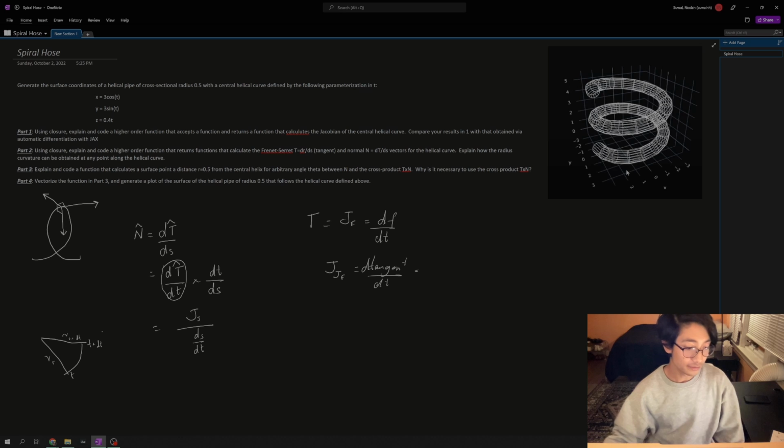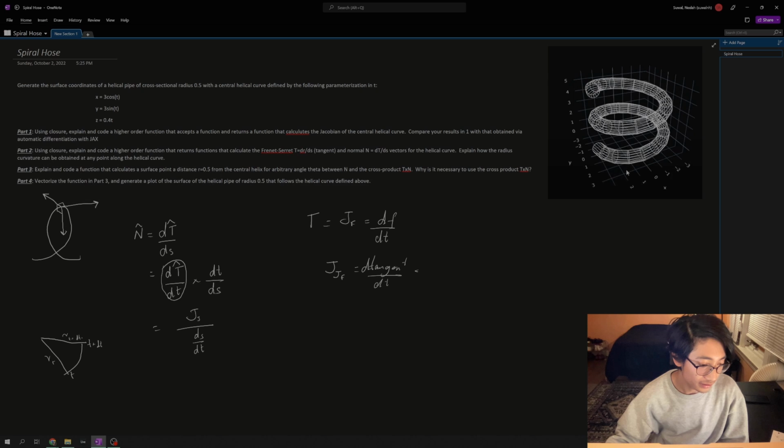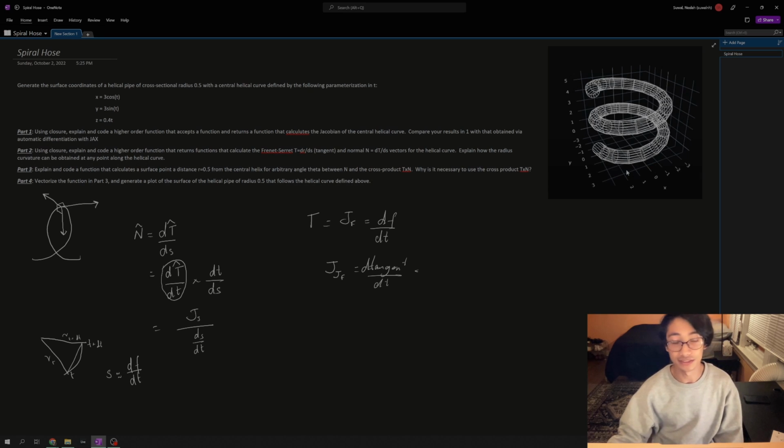Now, if the small increment in time dt is small enough, the arc length can simply be approximated by this length right here, which basically is our derivative of our function. So arc length can be approximated by df over dt if dt is small enough.